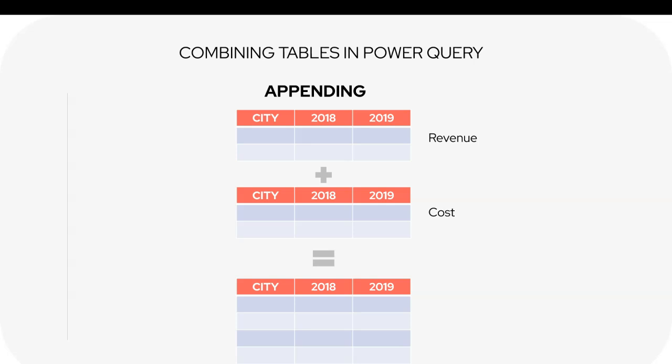So we append when we have the same headers so that we can have one consolidated table, right? Now, in our case study, you realize that if we do it this way, we'll need something to help us differentiate which lines are revenue and which lines are cost. So to proceed with this, we'll first add a column that would tell us this is revenue, another that would tell us this is cost before we append. So that's how we are going to be doing that.